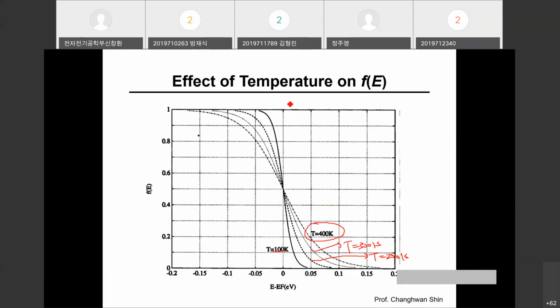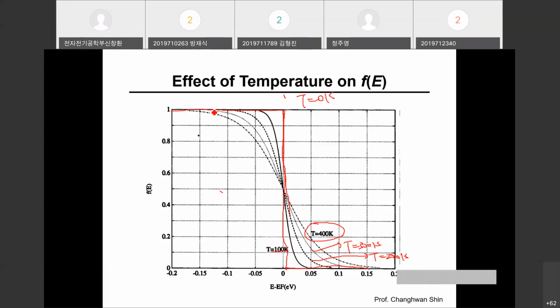And what if T is 0 Kelvin, where everything is frozen out? Then the Fermi function curve will be step-function-like. So here, it abruptly switches down to 0.